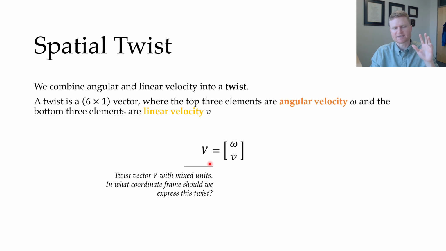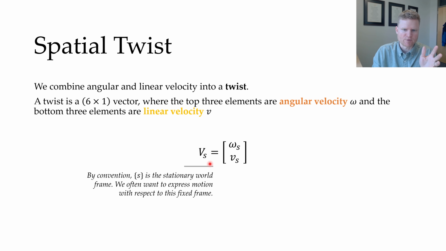But for the twist to make sense, I need to write it with respect to some coordinate frame. Like if I'm expressing an angular velocity, with respect to what? I need some sort of coordinate frame to write this. And the most common coordinate frame we use is the spatial coordinate frame. I talked about that a bit earlier in today's lecture. By convention, S is the stationary world frame.